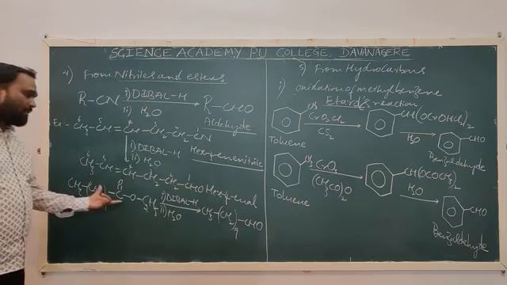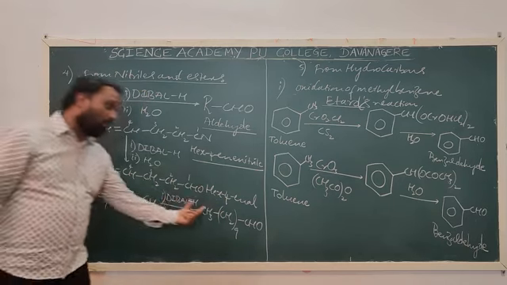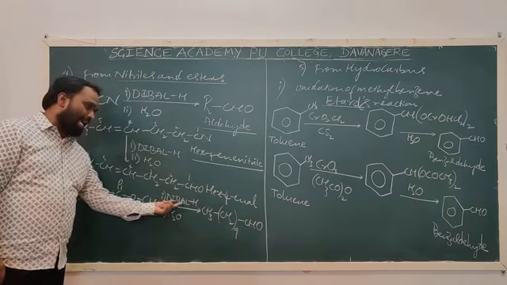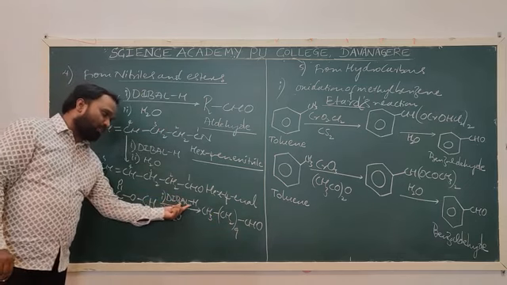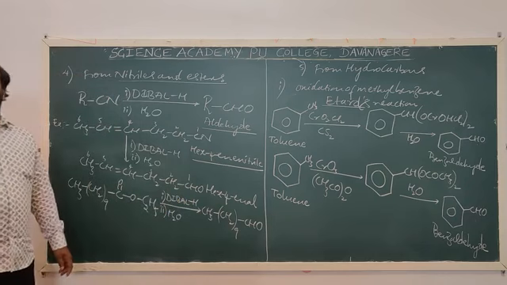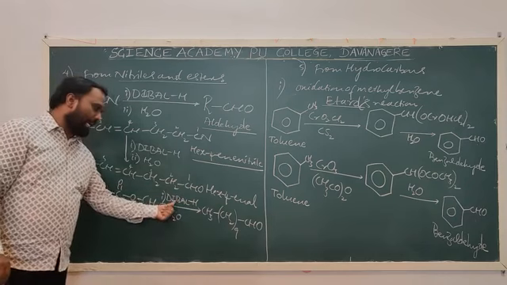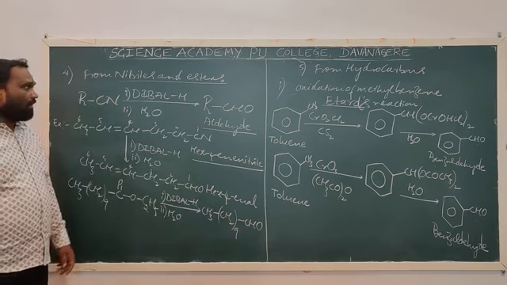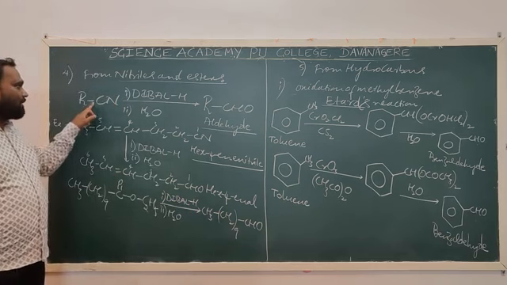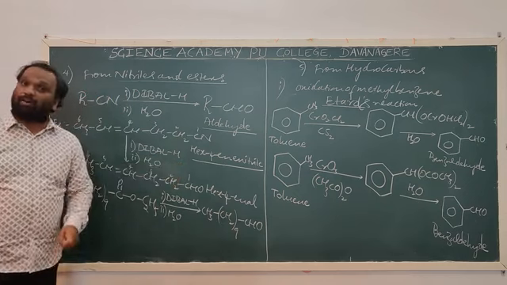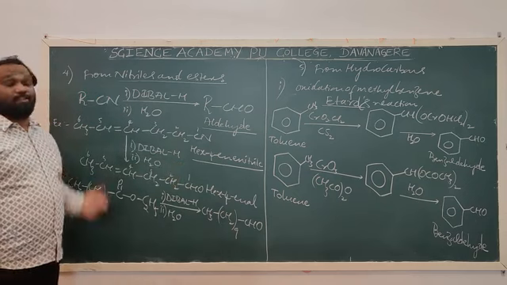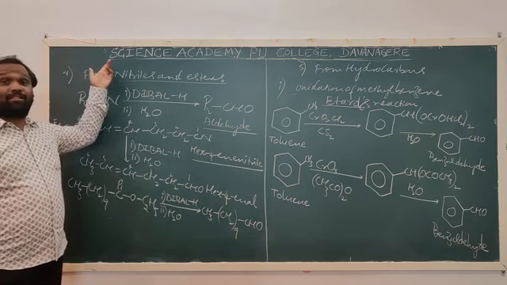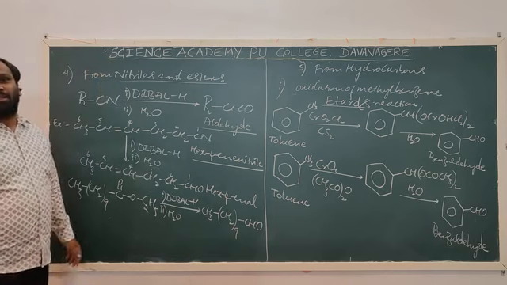Similarly, esters can also be converted into aldehydes by using a reducing agent called DIBAL-H, diisobutyl aluminium hydride. Last class we discussed that nitriles can be converted into aldehydes by Stephen reduction reaction, wherein the reducing agent is completely different.